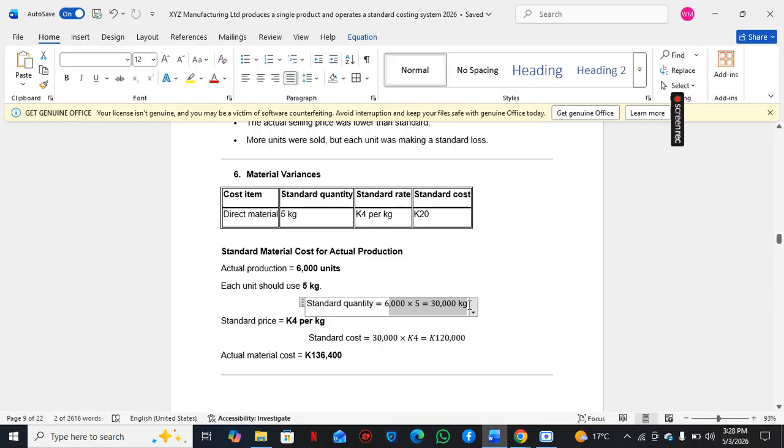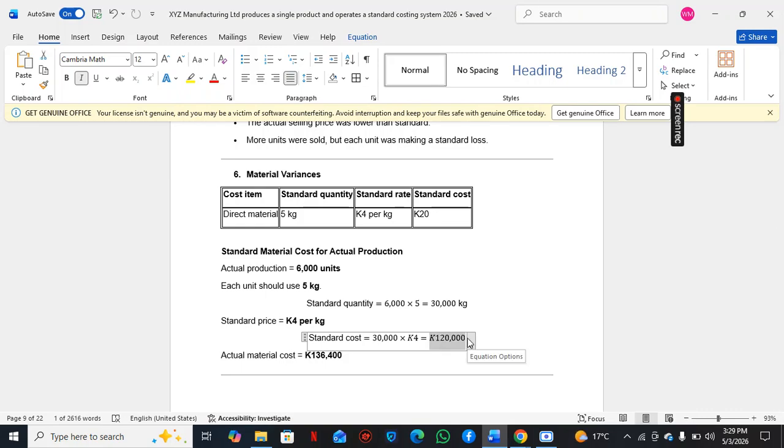We're supposed to use 30,000 kg. The standard rate is 4 kwacha per kg, so 30,000 times 4 is 120,000. So according to our cost card, this is how much we needed to pay for direct materials.